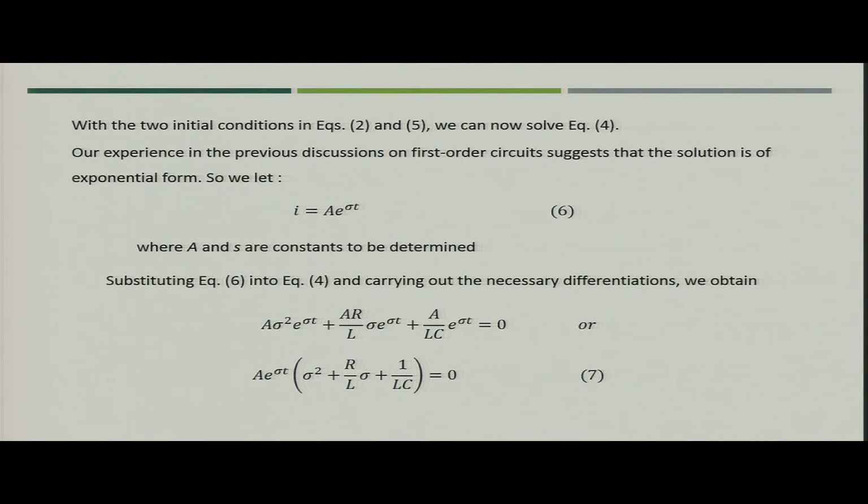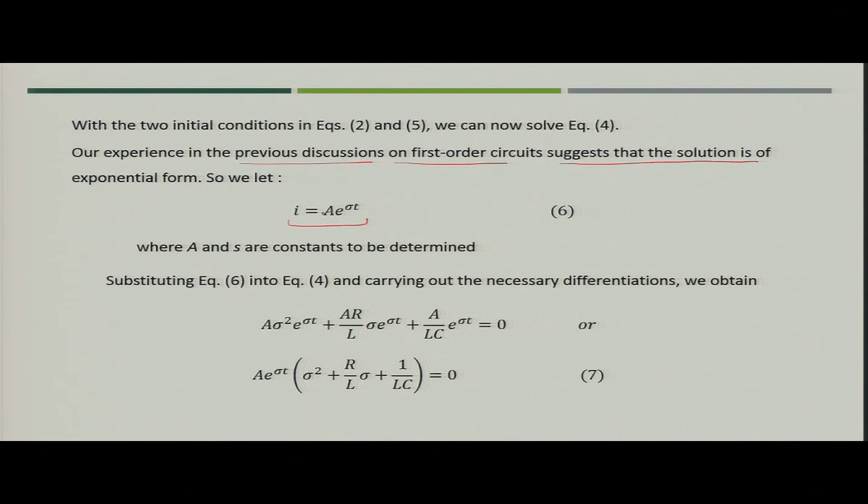Now, in the previous discussion when we discussed the source free response of the RL circuit and RC circuit, we came to know that typically the solution of these kinds of circuits is exponential.